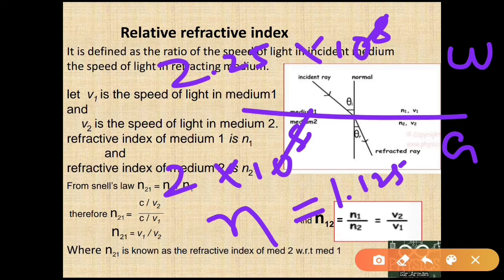The speed remains constant: in glass it is always 2 into 10 raised to 8, and in water it is always 2.25 into 10 raised to 8. But the extent to which the speed and direction of the light change in glass compared to water is different from the change compared to the vacuum. So here we are relating the refractive index to some medium, not to the vacuum. In that case, we will consider the relative refractive index.